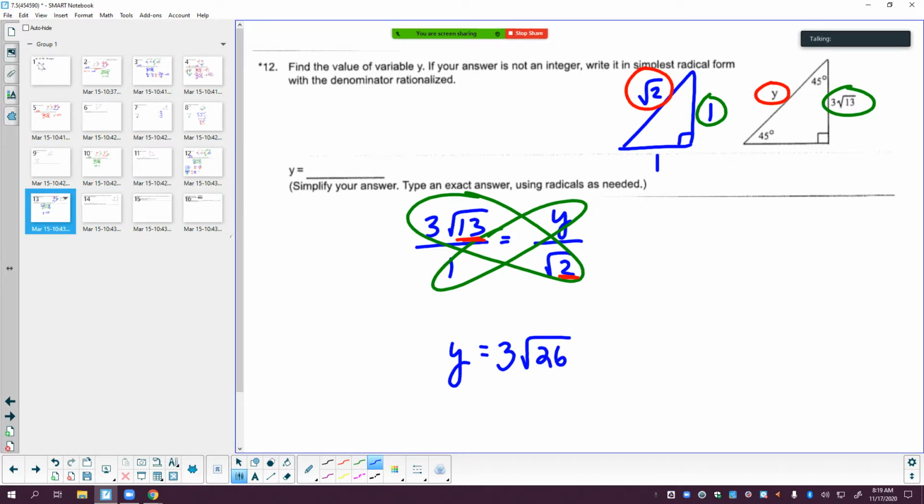So you don't multiply the 2 times both of these, only the square root of 13. You don't have to do anything else to simplify that. So y is 3 square root of 26. So those are a couple of basic algebra things that you need to remember there. Any questions about that?